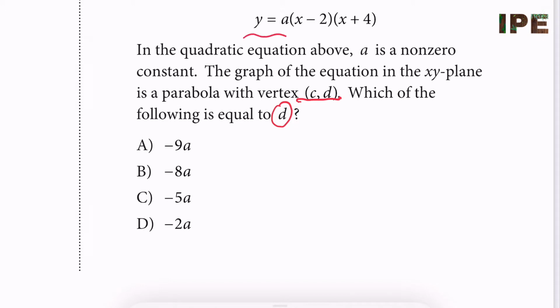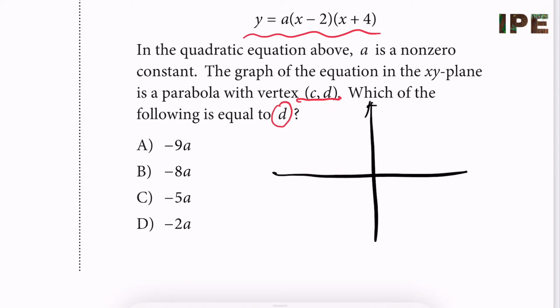This given form is intercept form. So if you draw the graph, where are the x-intercepts? -4 and 2. These two points. If a is positive, concave up. If a is negative, concave down. But that doesn't matter for this problem because we just consider the vertex.